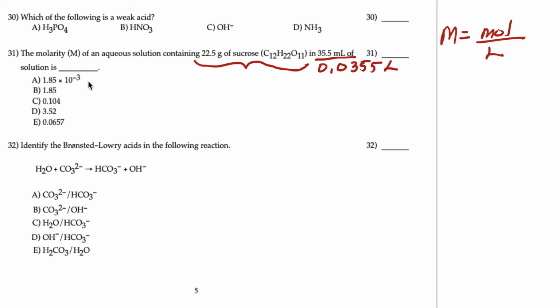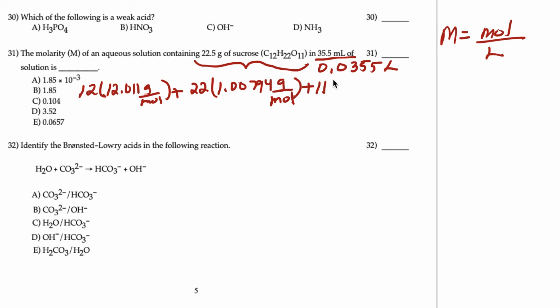And then the molar mass of the sucrose is, we have 12 carbons, so that's going to be 12 times 12.011 grams per mole. We have 22 hydrogens. Each one is 1.00794 grams per mole. And we have 11 oxygens. Plus 11 times 15.9994 grams per mole.